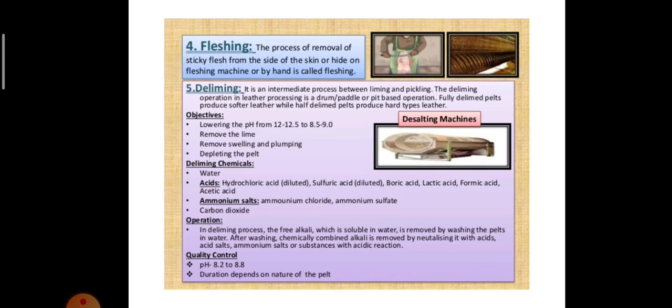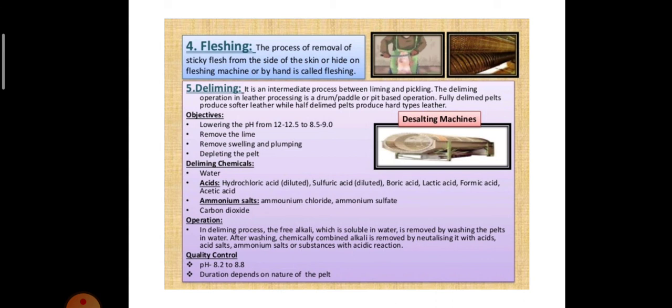The fifth process is deliming, an intermediate process between liming and pickling. The main objective is lowering the pH from 12 to 8.5, removing the excess lime, and removing the swelling and plumping. The deliming chemicals are water, acids, and bases.